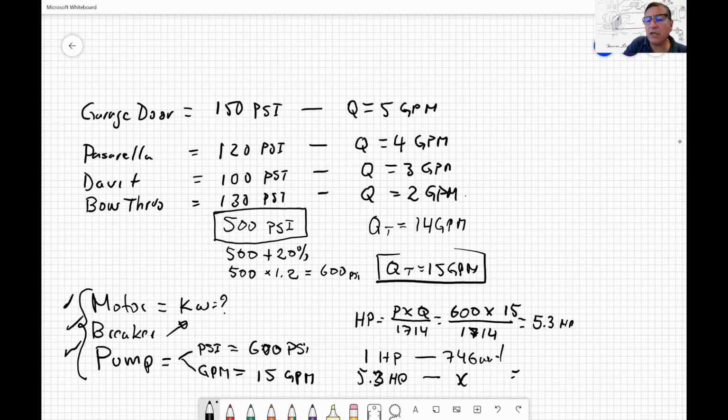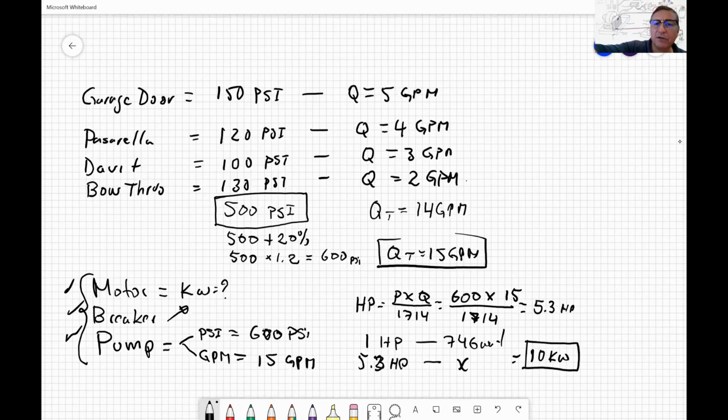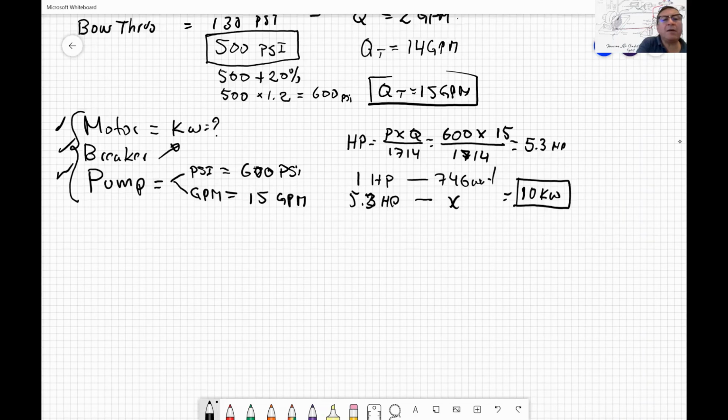Okay, you need 10 kilowatts. Yes or not? That's correct. Okay, pay attention. You need a motor of 10 kilowatts, and you need a pump of 600 psi, 15 gallons per minute. And now we are going to calculate the breaker.